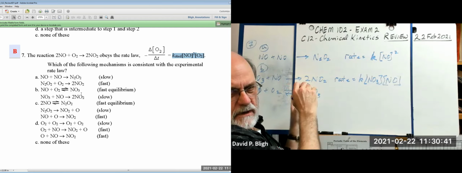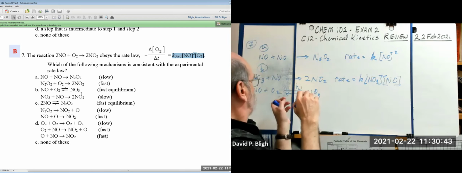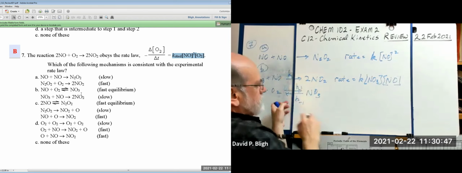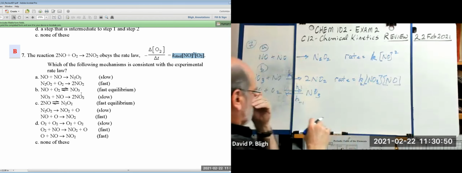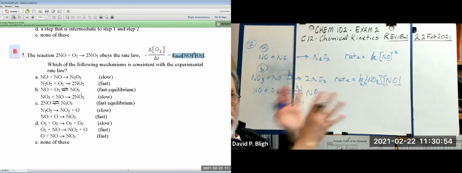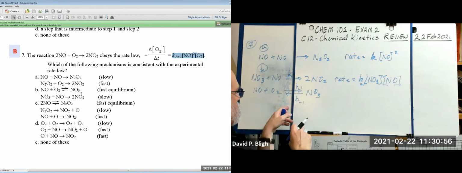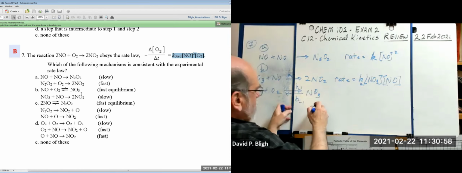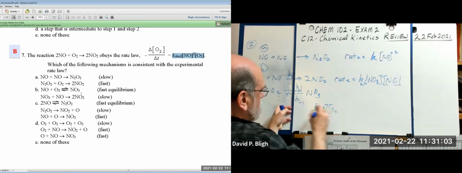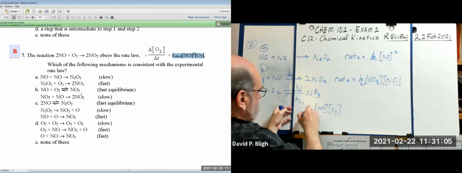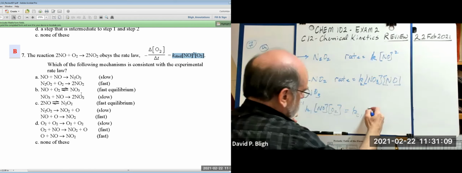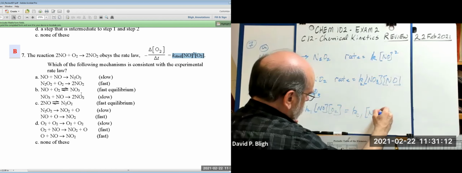This is going to be K2. So this is K2. So the expression here is the same as before, where we had balanced forward and reverse reaction. So this forward reaction, NO and O2 times K1 is equal to K minus 1 times this one, NO3.